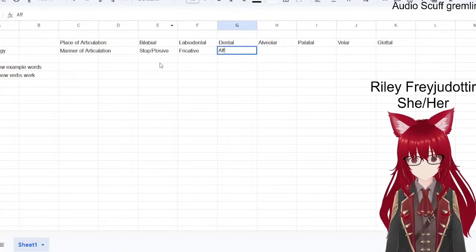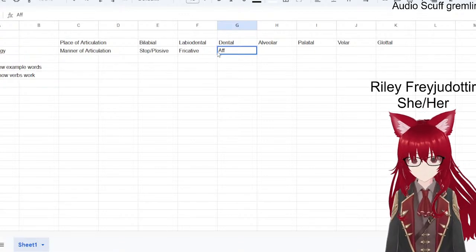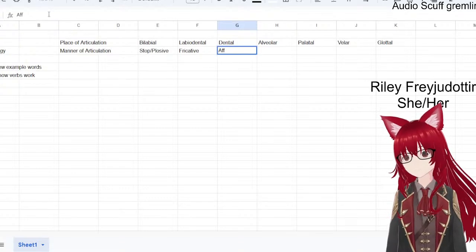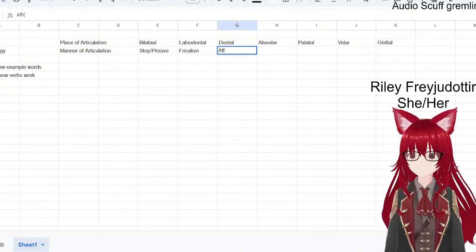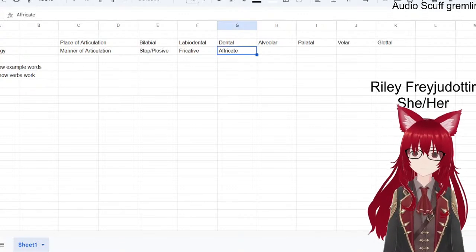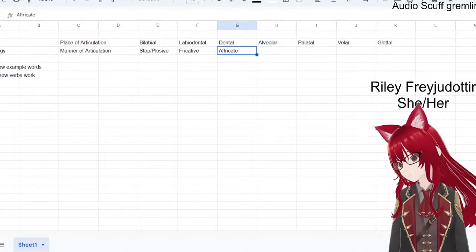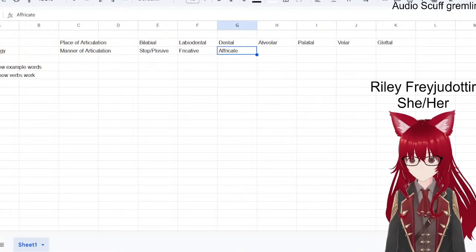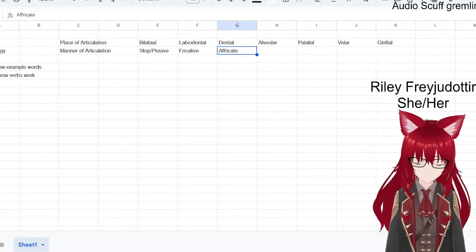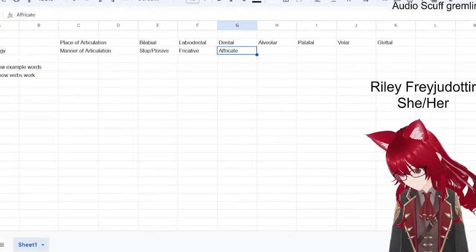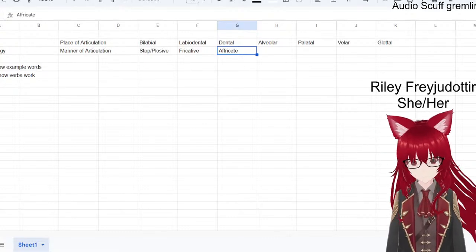If you start out by completely blocking the air and then let some of it release, it's an affricate. An example in English would be the ch or j sounds. They start with a t or a d and then transition into a sh or a j.